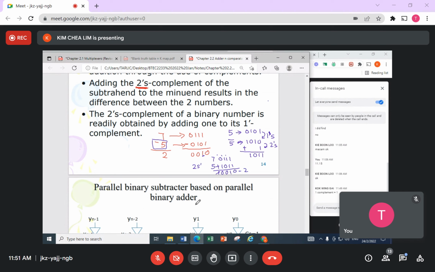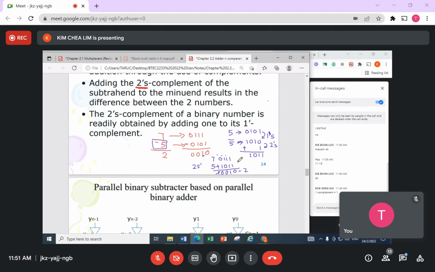Okay? So 2's complement is normally used in the computer for this type of subtraction. Whatever number you want to subtract, you find its 1's complement plus 1. Then that is the 2's complement. With the 2's complement, if you want to subtract, whatever number here, find its 2's complement, then you can sum them together.